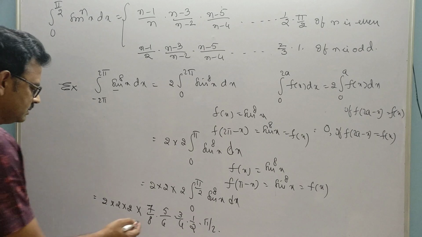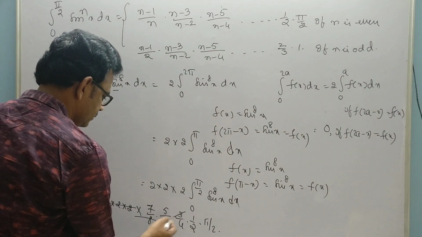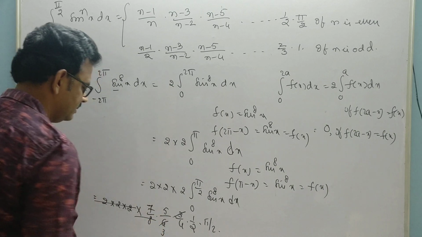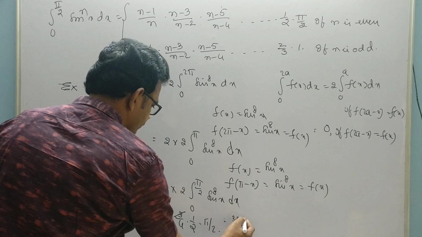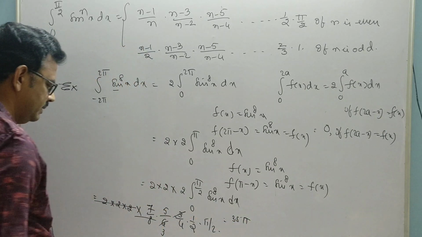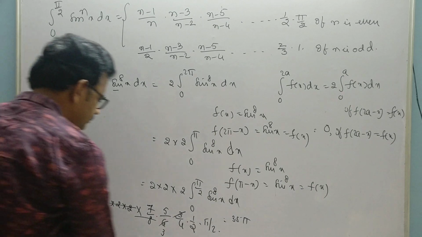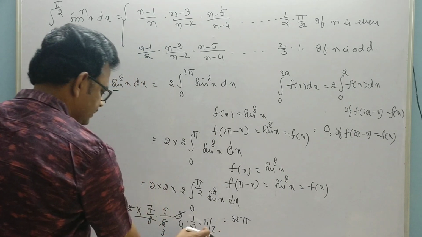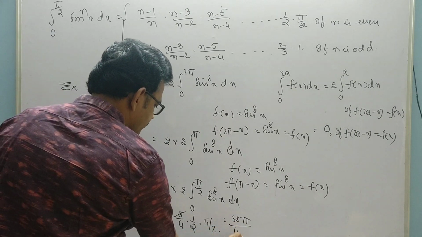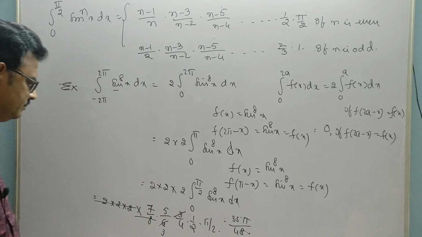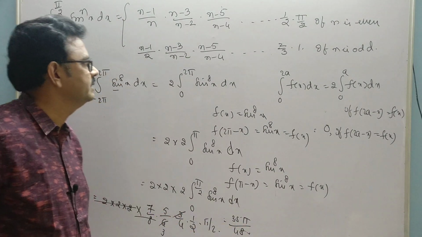Some terms get cancelled, and also the 3 times gets cancelled. Therefore that is equal to 35 pi by, 8 into 2 is 16, into 3 is 48. So 35 pi by 48.